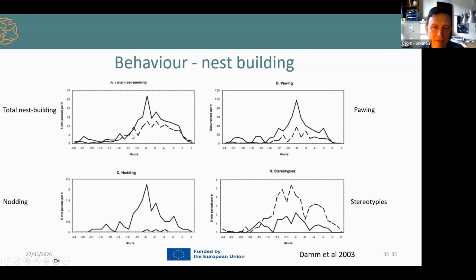As you can see, they spend many more hours nest building if they have access to nest building material, but they try to build a nest with any material that is present.